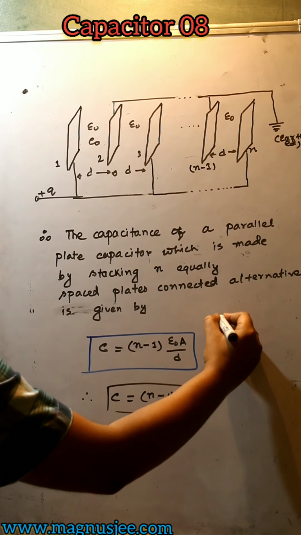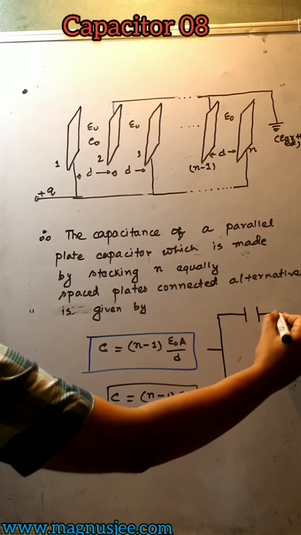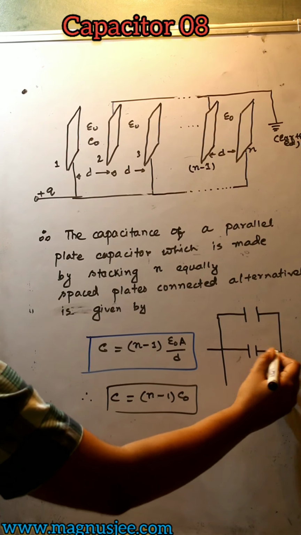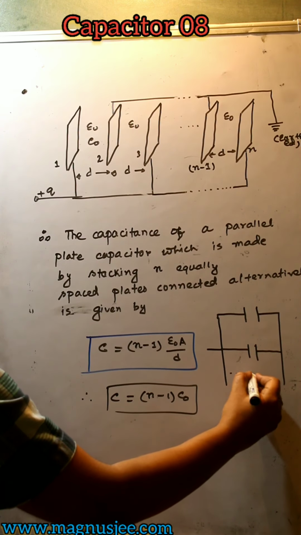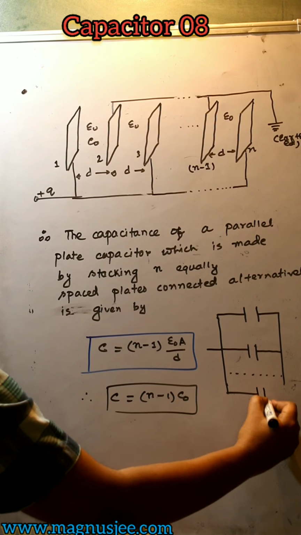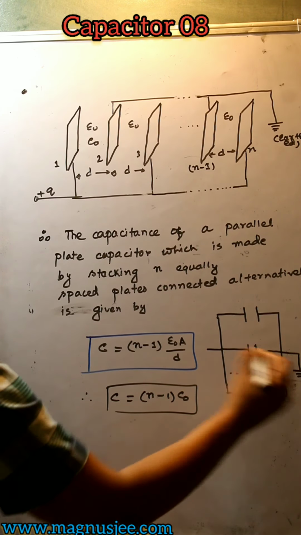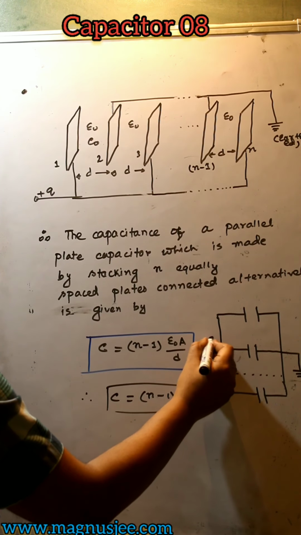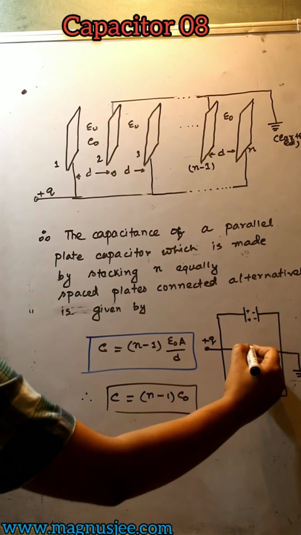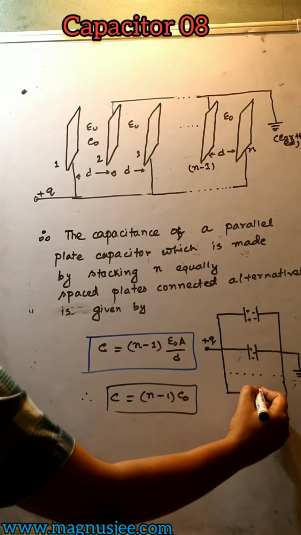Actually, there are n minus 1 capacitors and they are supposed to be connected in parallel combination. A parallel plate capacitor containing n number of plates will behave as a parallel combination of capacitors having the same capacitance.